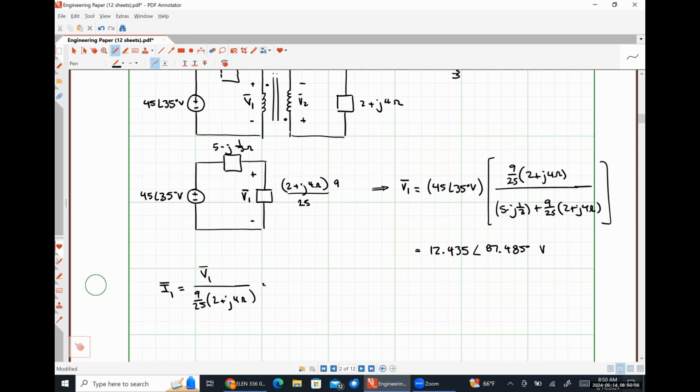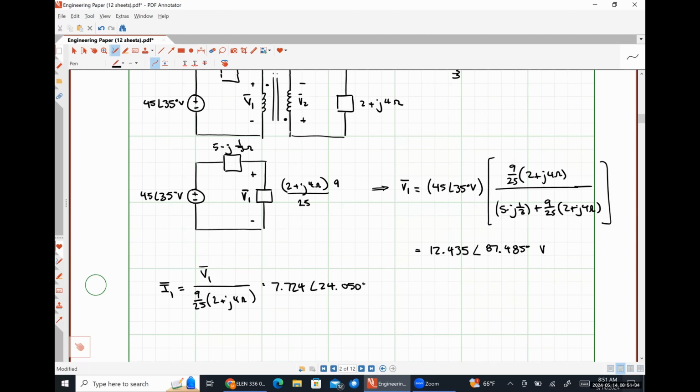So divide that by 9/25 times 2 plus 4i. I get 7.724 with an angle of 24.050.